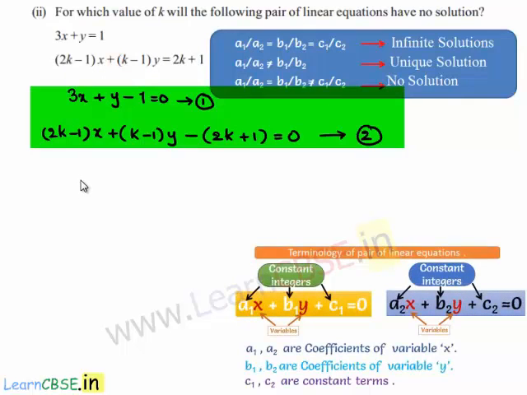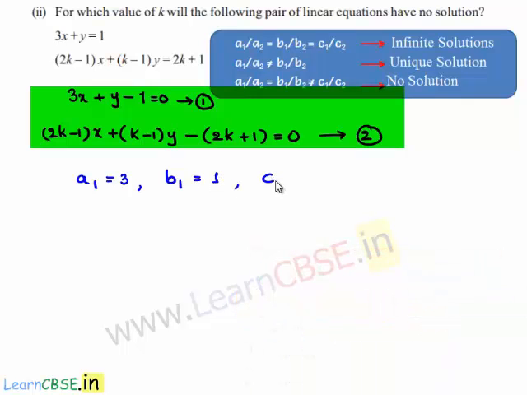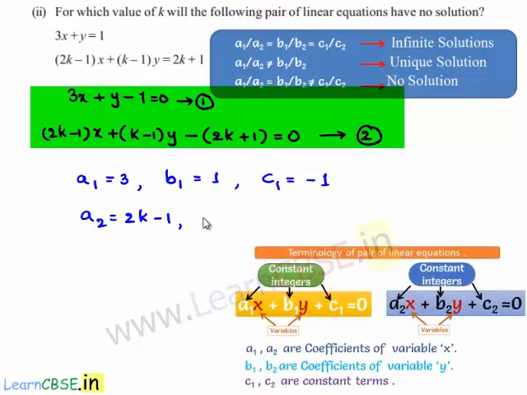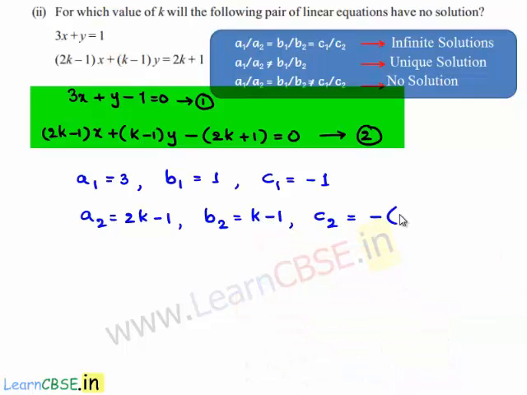So now we can write a1 is equal to 3, b1 is equal to 1, and c1 is equal to minus 1. a2 is equal to 2k minus 1, b2 is equal to k minus 1, and c2 is equal to minus of 2k plus 1. According to the given problem, the given pair of linear equations have no solution.